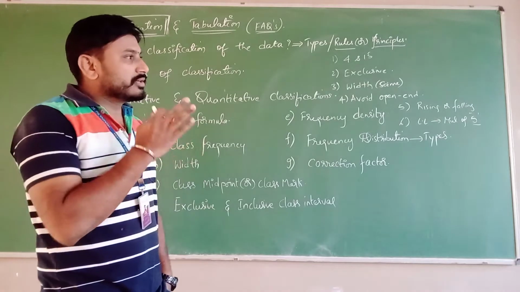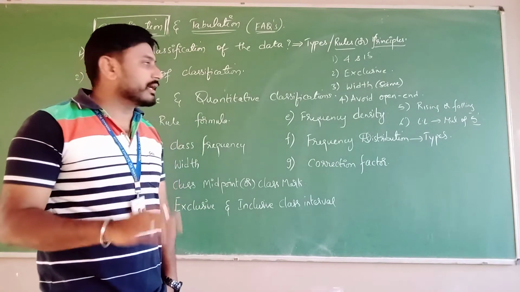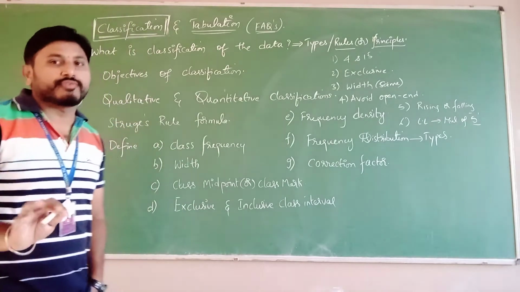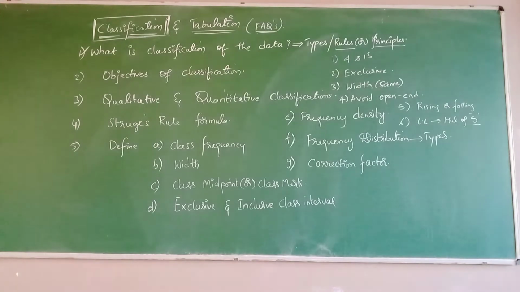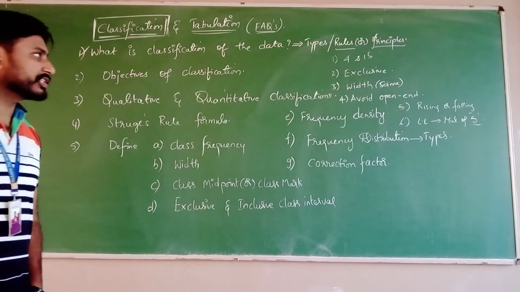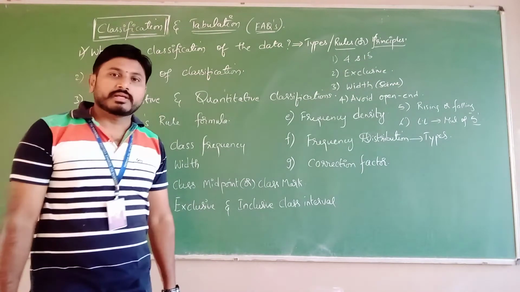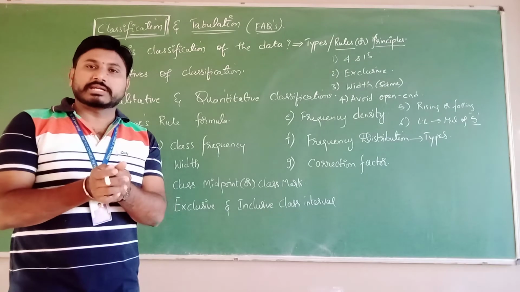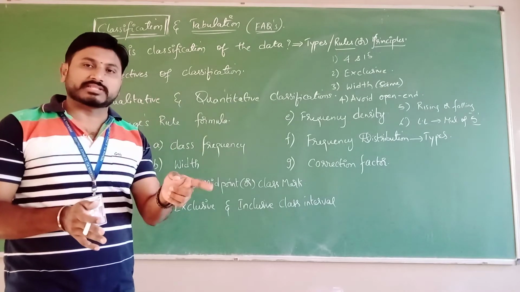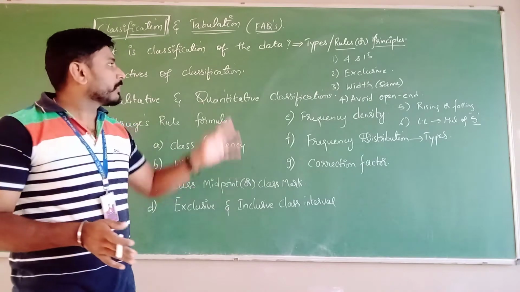And there must be an order, increasing or decreasing, and the lower limit must always be a multiple of 5. So these are the rules, which we can call the principles of classification. Are you clear guys? Classification is the process of arranging the data into groups or classes according to a common characteristic possessed by the items of the data.